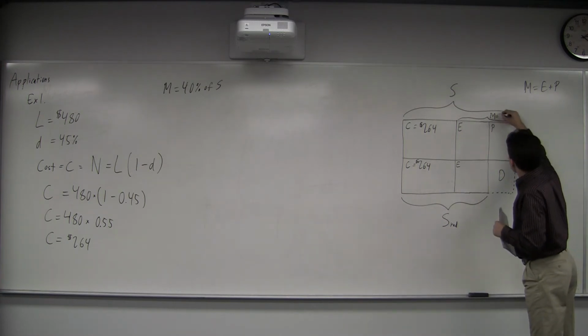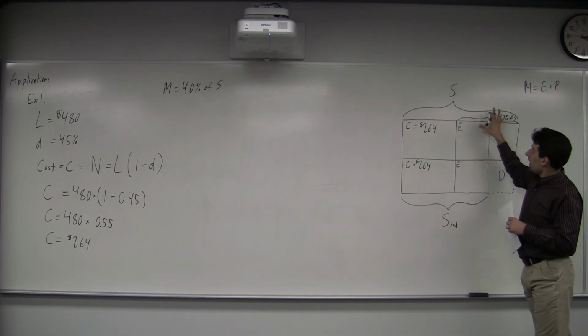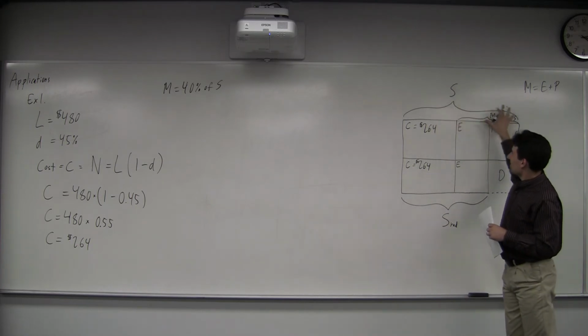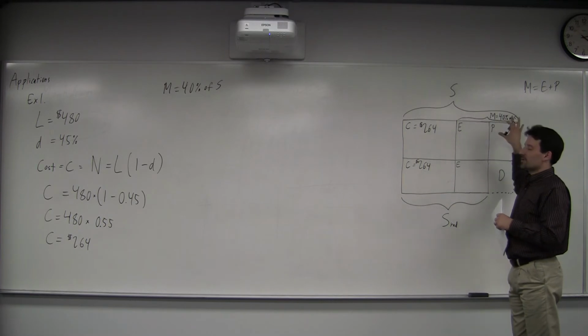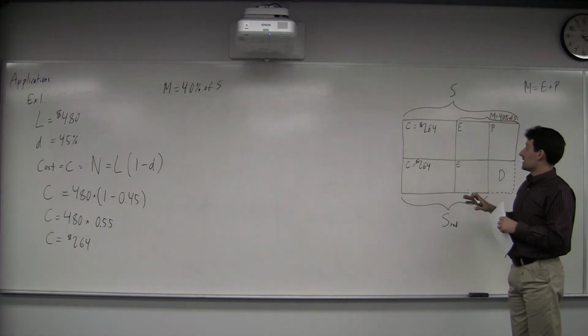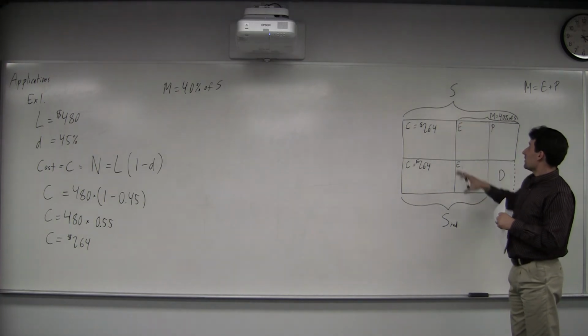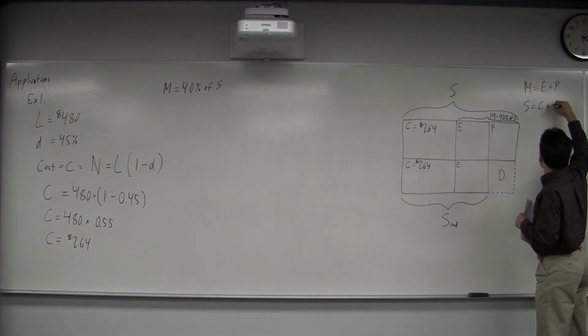So this markup is equal to 40% of the selling price, S. But cost plus expense plus profit equals the selling price. That is 100% of the selling price. Or selling price equals cost plus markup.